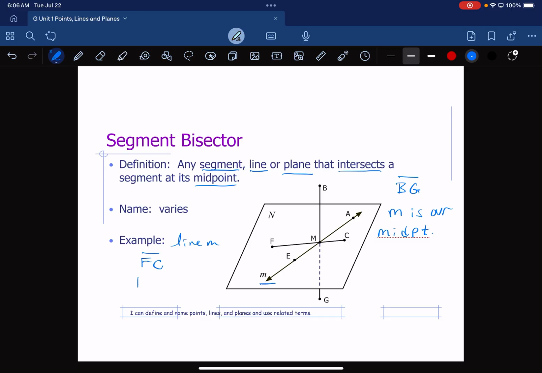And then plane N is a bisector because all of those pass through point M, which is the midpoint of BG. So they cut BG in half. That means if BM was 5, then we could say that MG is 5, just for example.